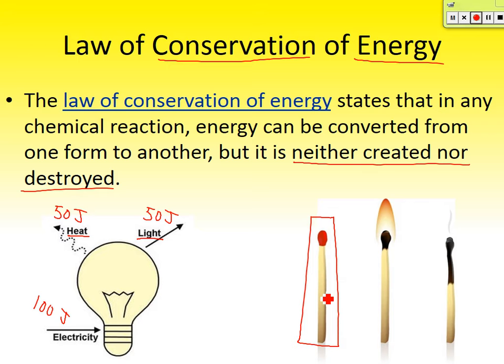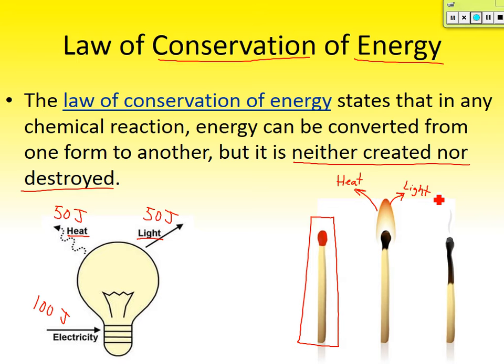Now what's happening in the middle? What's happening with this one? It's reacting. The chemical reaction started. It's releasing that energy in a couple of forms again. What are we saying? Yeah, it's releasing heat. That's why a match is so hot. It's releasing heat. And what else is it releasing? Okay, so it's releasing heat and light.